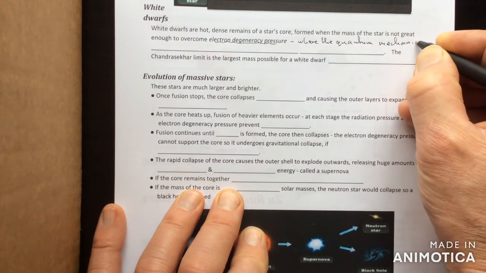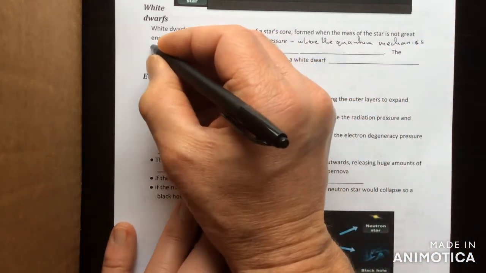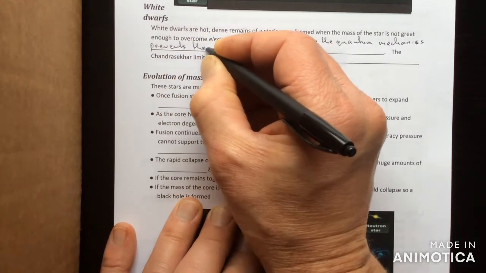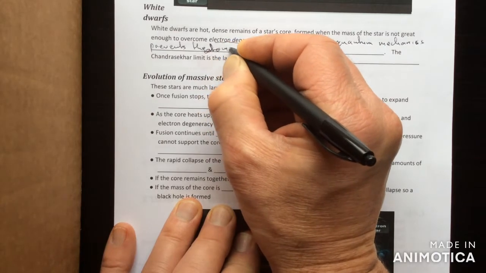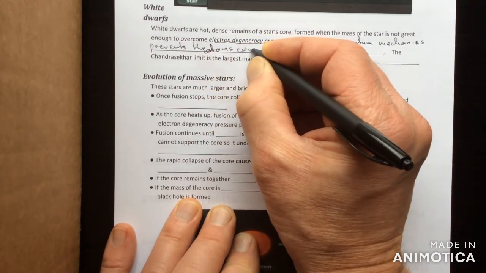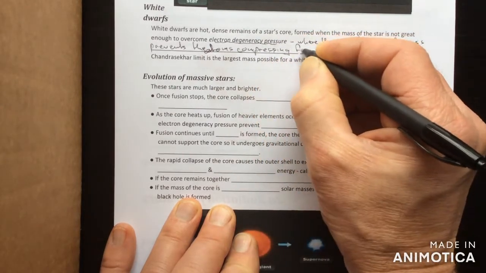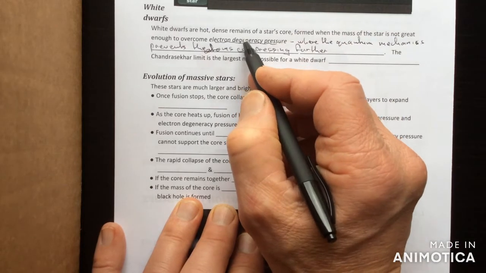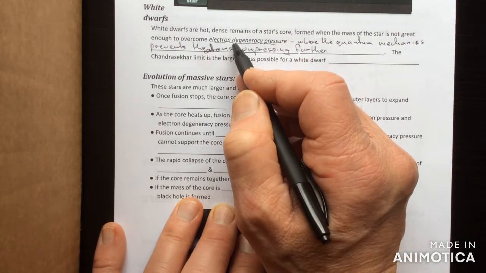So where quantum mechanics prevents the atoms compressing further. So this is not the pressure of the gas, this is pressure within the atoms themselves, the electrons not collapsing. Okay.